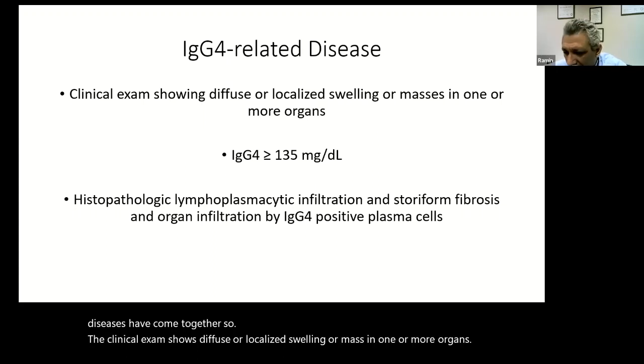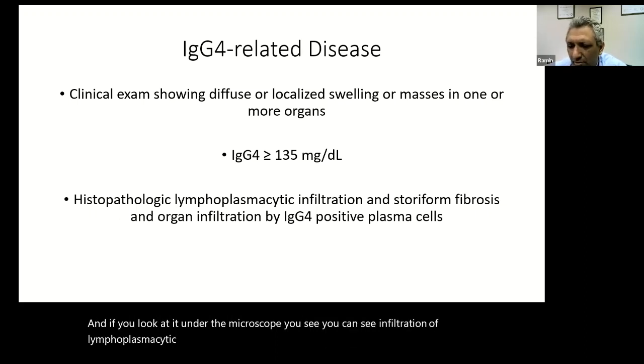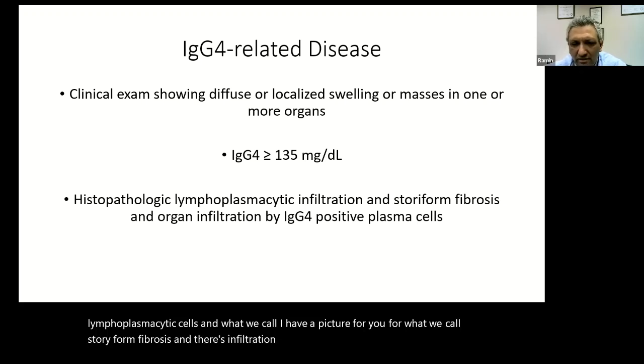If you look at it under the microscope, you can see infiltration of lymphoplasmacytic cells and what we call storiform fibrosis. I have a picture for you. There's infiltration within the organ, so it's an infiltrative type disease.